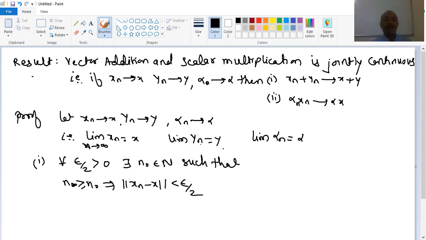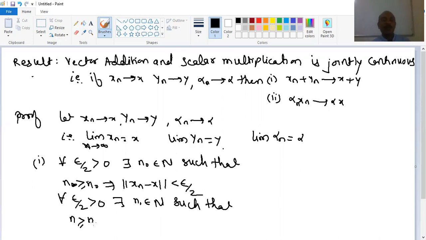Also, the second one, limit yn is equal to y means for every epsilon by 2 greater than 0, there exists n1 belonging to N such that n greater than or equal to n1 implies norm of yn minus y less than epsilon by 2.